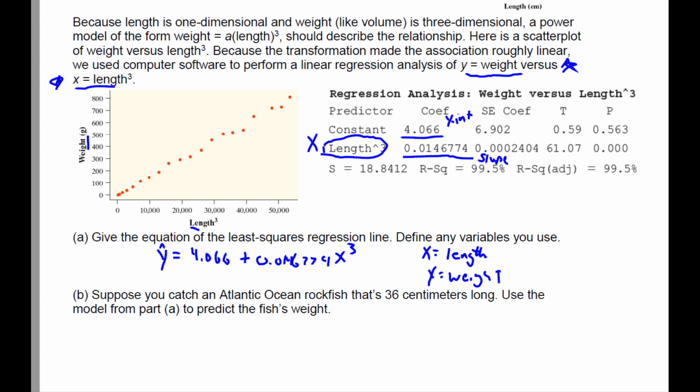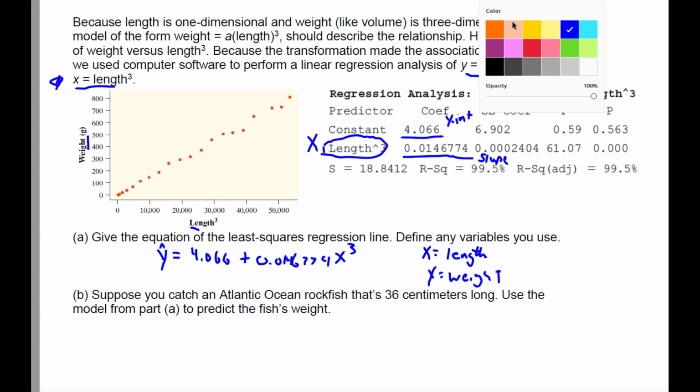But again, in statistics, we like to write this stuff out to make sure that people reading our answers know what we're talking about. The other thing it says is define any variables you use. So yes, we did do that by saying x and y. Let's go ahead and rewrite the problem and how it should look.